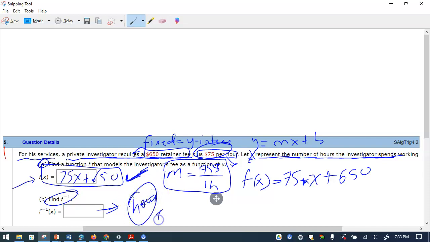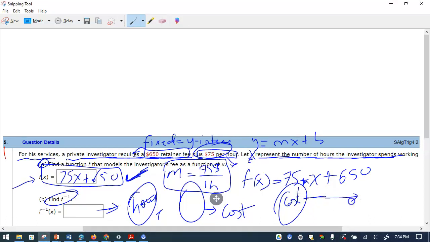The domain is the time, and this is the cost, how much you pay. So now we want to know the cost. So we want to go back and say, okay, if it costs so much, then how many hours can be spent? So this is how many hours the investigator can spend investigating.